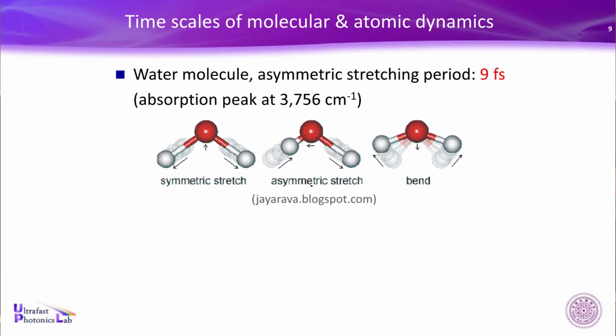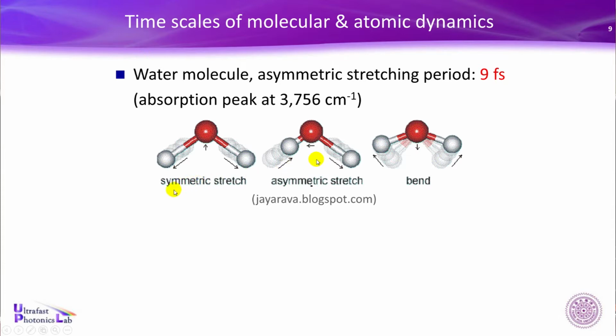This slide shows the time scales of molecular and atomic dynamics. Two examples. First, the water molecule. You know the water molecule since middle school, right? H2O. You have 2 hydrogen atoms and 1 oxygen atom. The red one is the oxygen atom. The white ones are hydrogen atoms. This is a single water molecule.